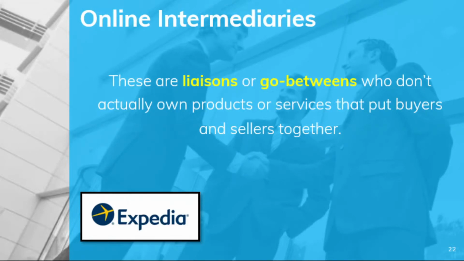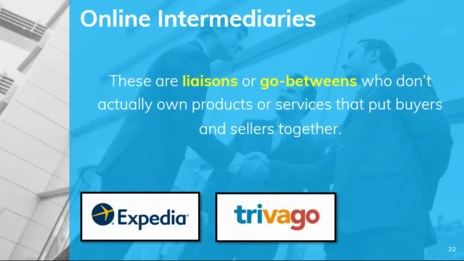They don't have the actual products. So what Expedia does is simply collate all the travel agencies and give you some recommendations on which ones are cheaper, affordable, and with quality service for you. That's Expedia. Then we have Trivago.